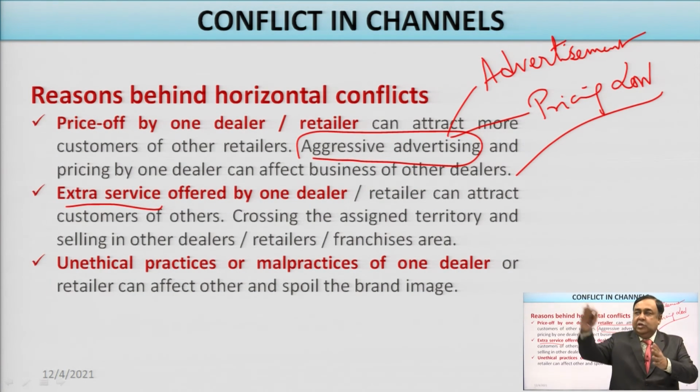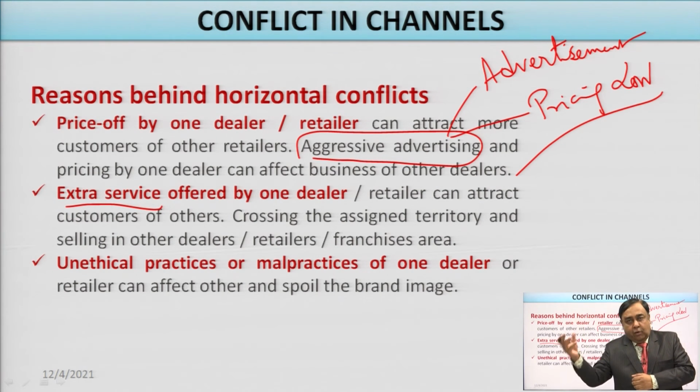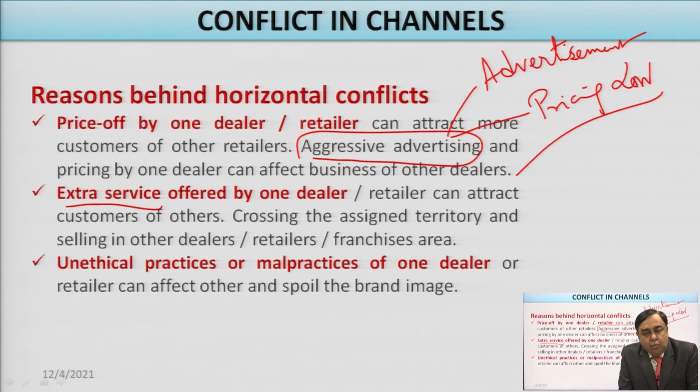You are catering to the needs of the people at Haryana. What will happen? The people from those states will try to purchase the product from you. So, automatically the retailers of Haryana and Delhi will suffer, which will result in what you are calling the horizontal conflict. I hope it is clear to all of you.